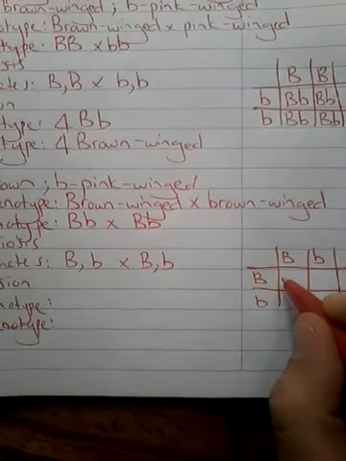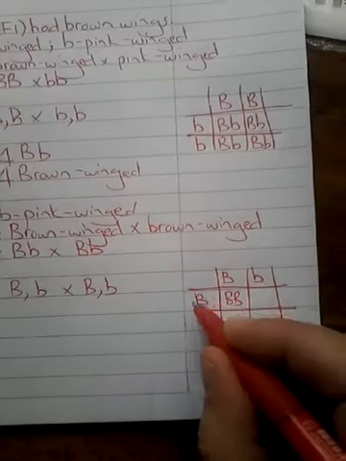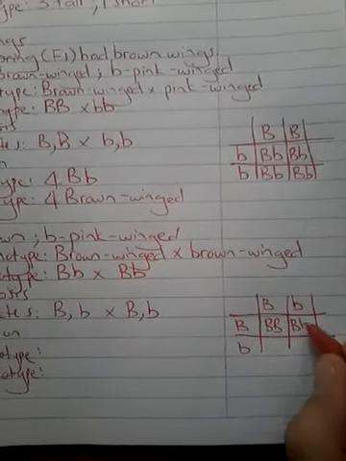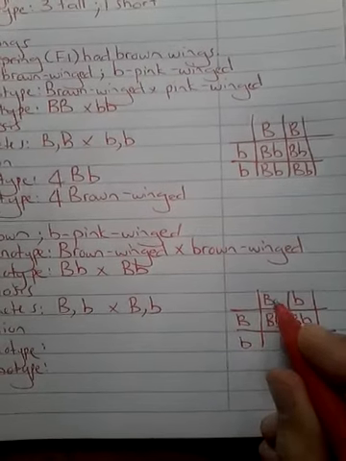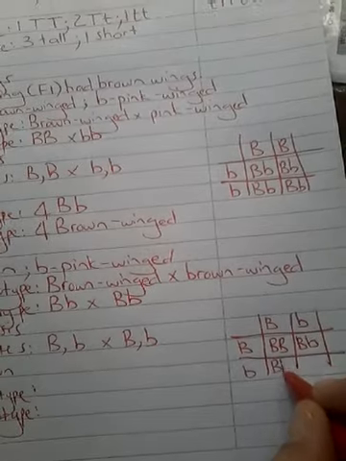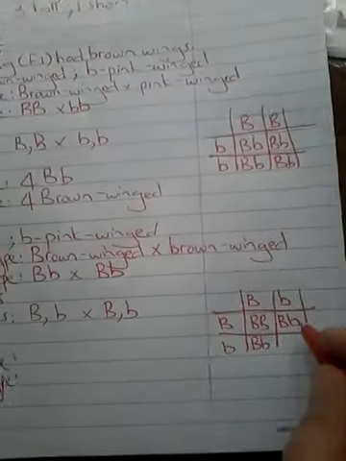Cross those 2 together. Those 2 together. Those 2 together. The capital letter comes first. And then those 2 together.